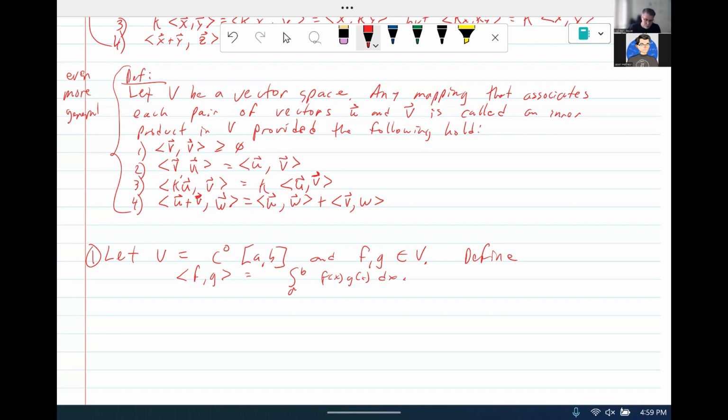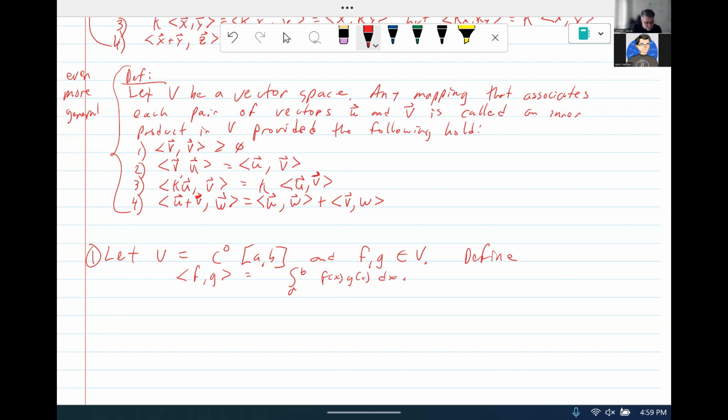I don't think we necessarily define this as a vector space. Let me check real quick. We're doing vector spaces. Mhm.